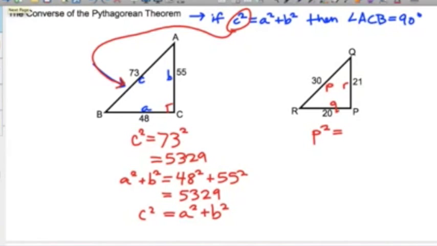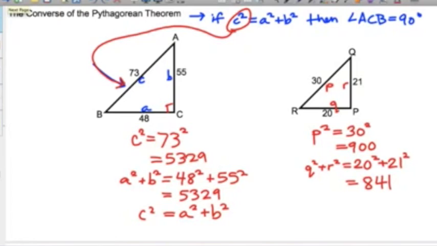First, P squared equals 30 squared, which equals 900. And Q squared plus R squared equals 20 squared plus 21 squared, and you could already see what's going to happen because there's a 1. Anyway, when you combine those together, you get 841.